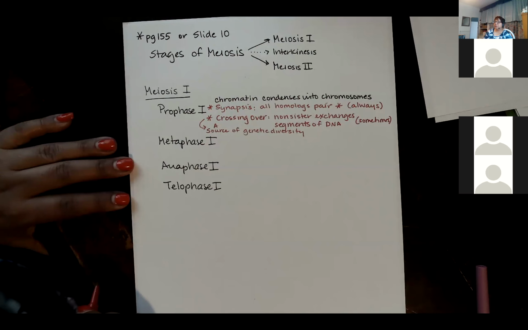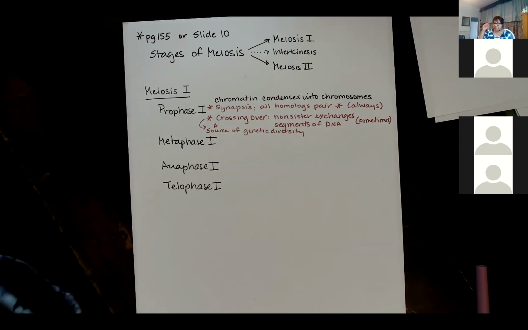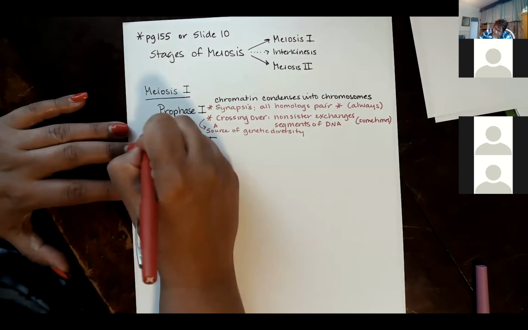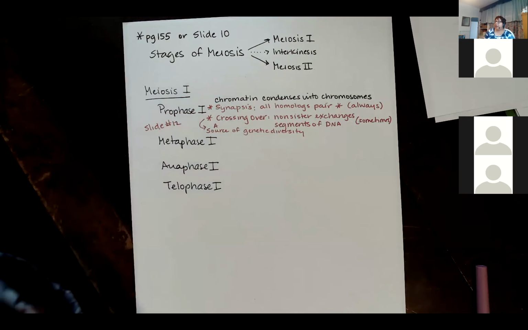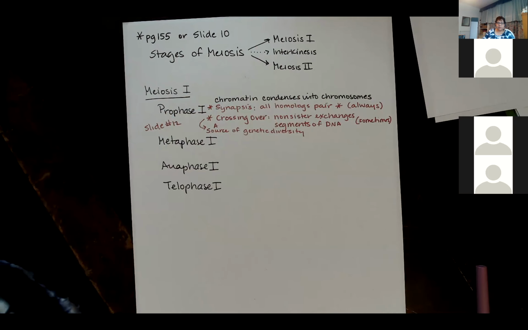So let's look at your slideshow, and I'm going to look at slide number 12 to kind of explain what is crossing over.